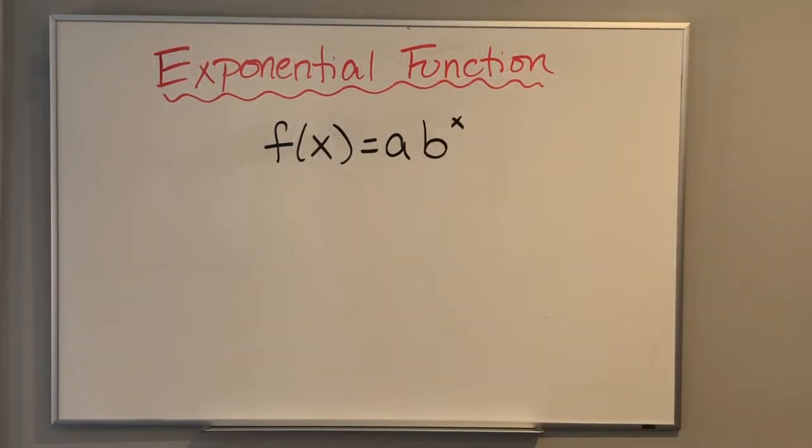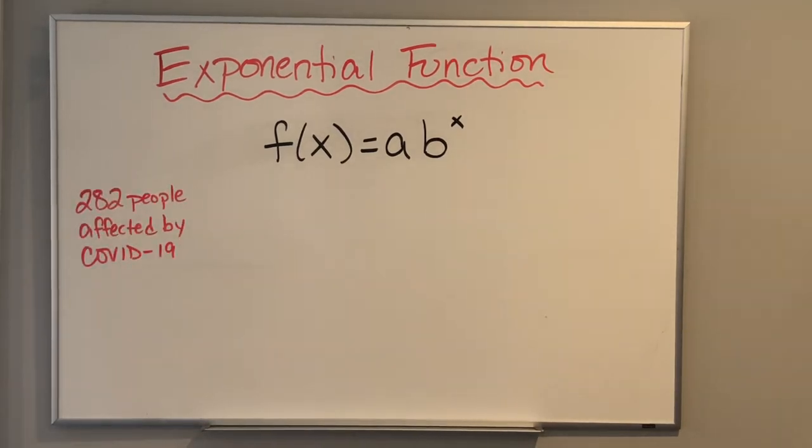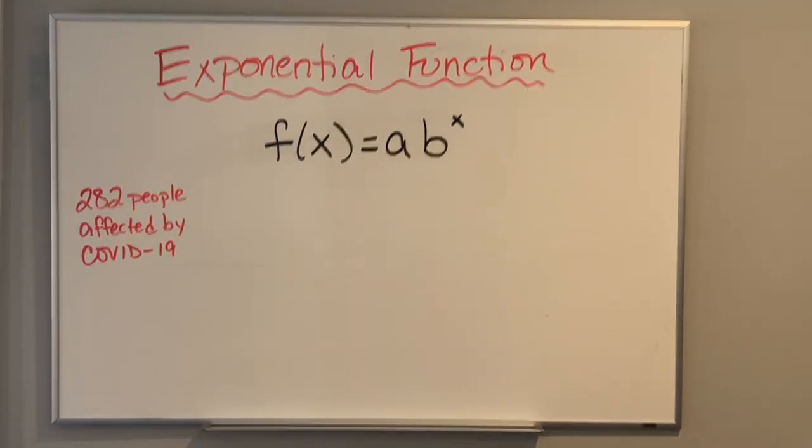Alright, so the example we're going to use today is going to be based off the coronavirus, because why not? However, all the numbers that I give you in this video are not actual, they are not backed up by any references. I am just making them up off the top of my head. So, with that, let's say initially there was 282 people affected by COVID-19, the coronavirus.